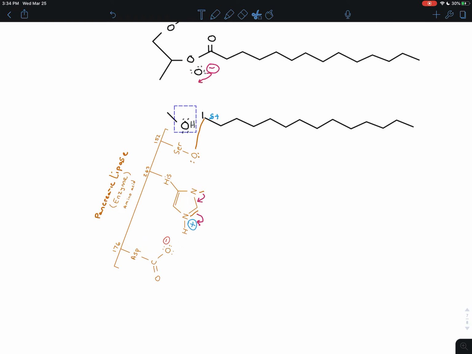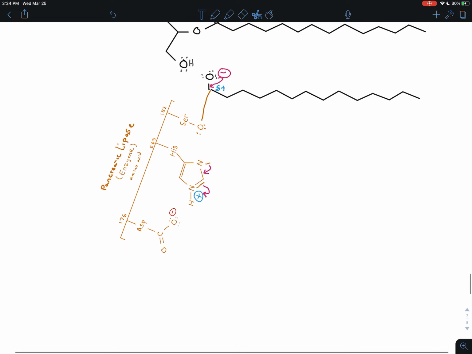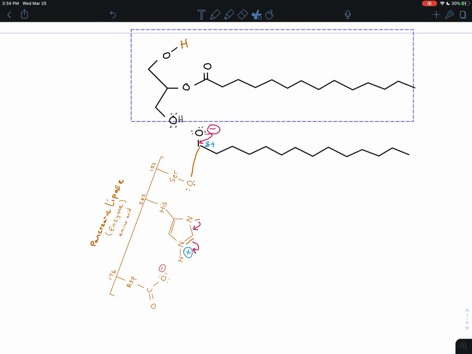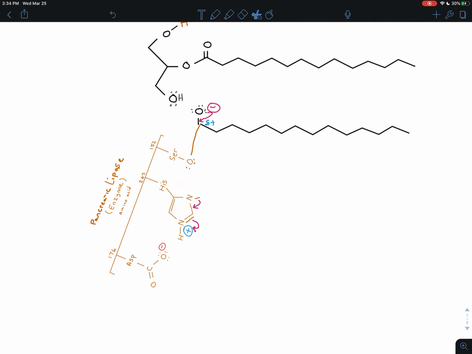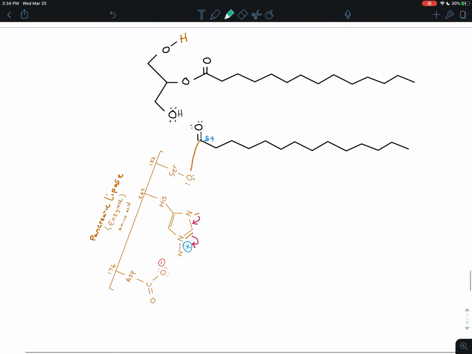So that whole thing is a leaving group. And now we have a piece that's small, another piece that's small enough to go through the mucosa. This lone pair becomes a pi bond, and so we've done a nucleophilic acyl substitution.